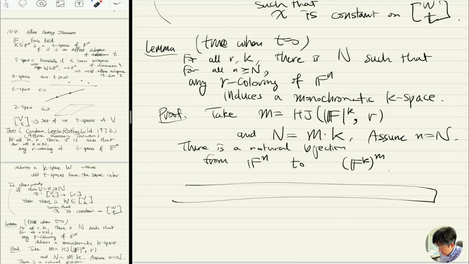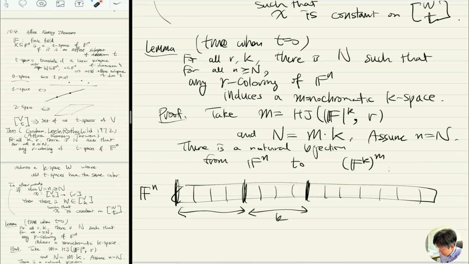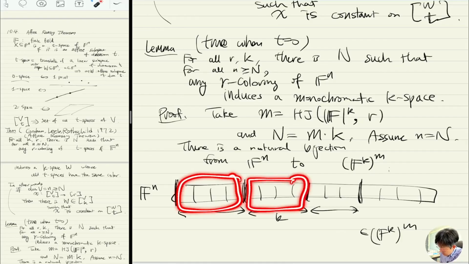Just look at, let's say this is F^N, right? These are coordinates, and I'm representing a vector as these boxes. Now I cut for every length k, and then I think of it as an element in (F^k)^M, where each of these is one letter of the alphabet.